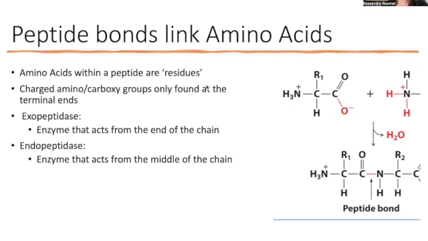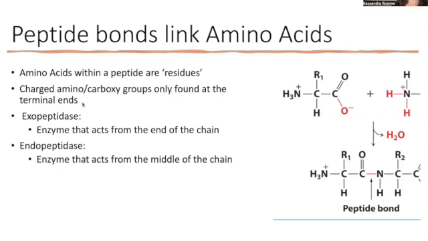If we name a peptide, we can either use its full name, which would lead to a really, really long name. So we usually use the 3-letter code, or if it's a really long peptide, we use its 1-letter code, and we always start at the N terminus.